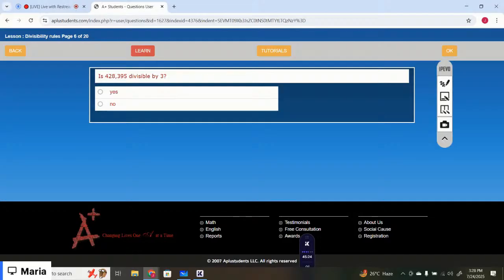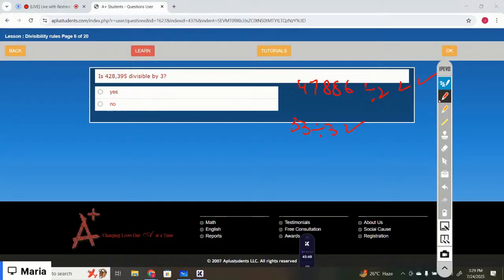Is 4,028,395 divisible by 3? So let's look at the sum of all the digits. The sum of all the digits is 31, and 31 is not divisible by 3, right?